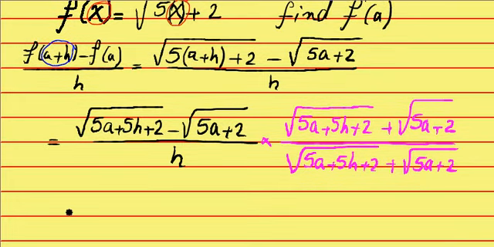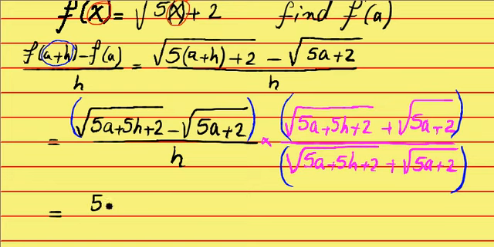Well, we multiply the numerators. We might as well make it a little bit more presentable by wrapping them up in parentheses. Now, first times first makes the radical go away, so I'll have 5a plus 5h plus 2.